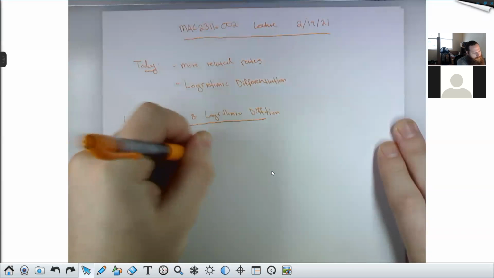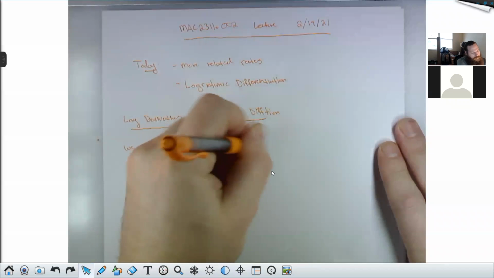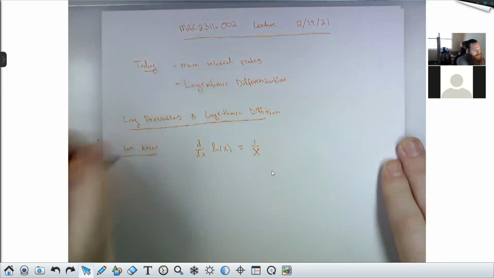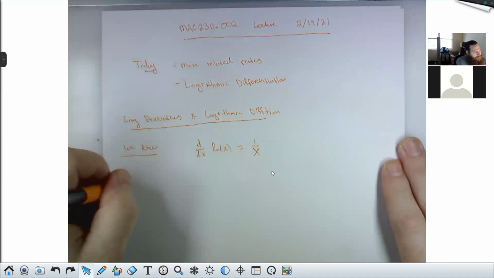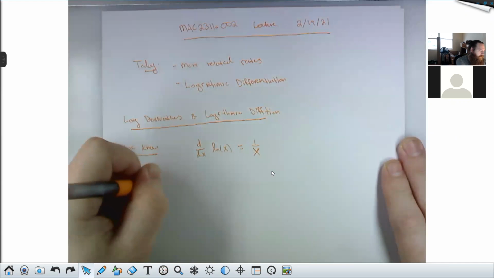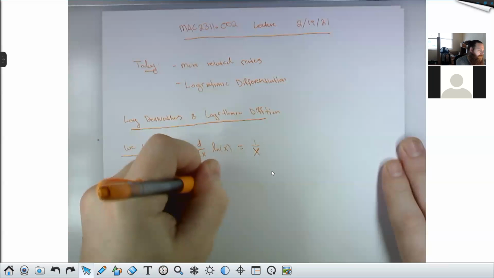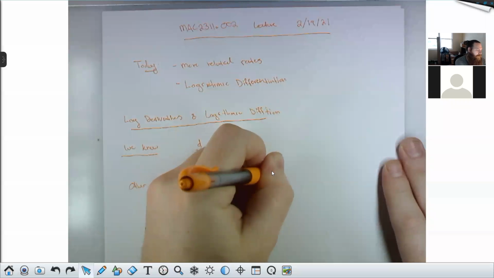We know that the derivative d/dx of the natural log of x is 1 over x. This is something we showed with the chain rule a while ago. We can expand this to other base logs using the change of base formula.